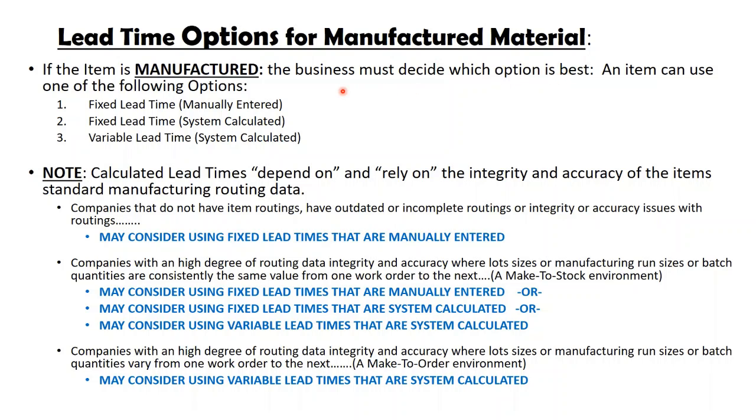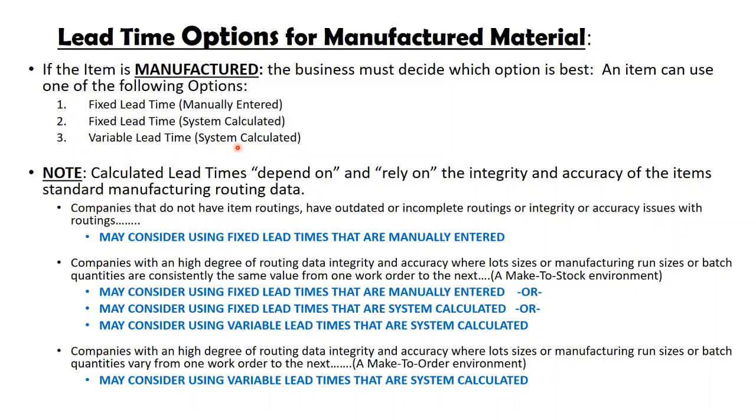An item can use one of the following three options. They can be fixed lead times, where we either manually enter them or allow the system to calculate them. Or we can choose to use the variable lead time concept that the system will calculate for us.